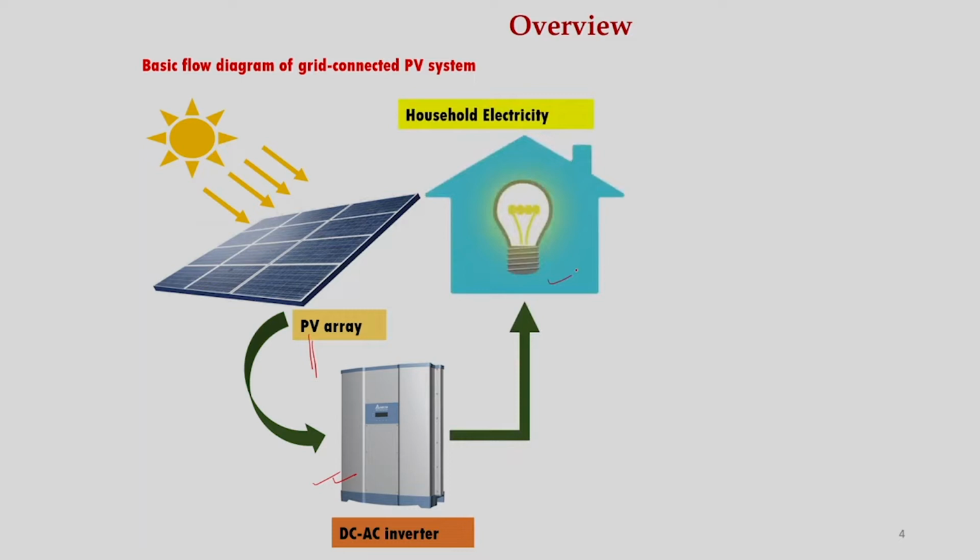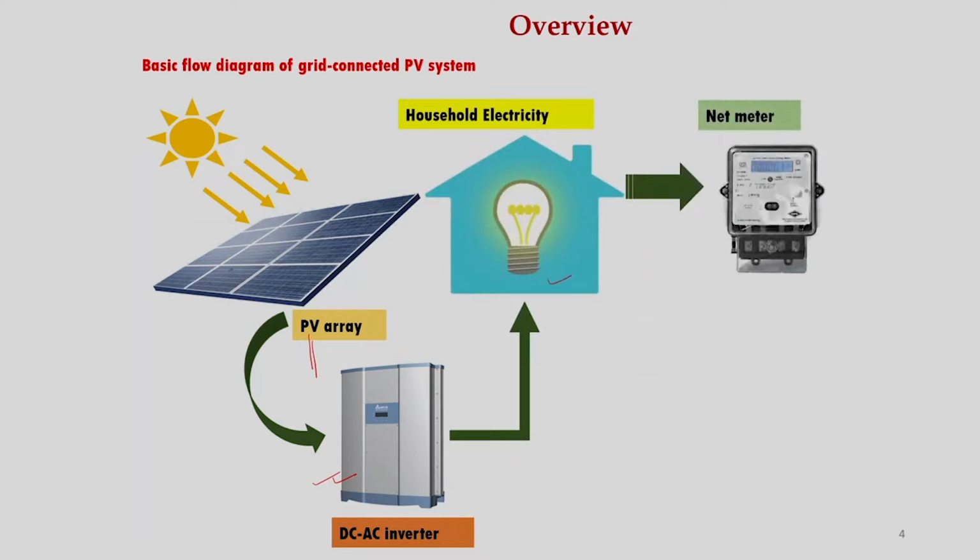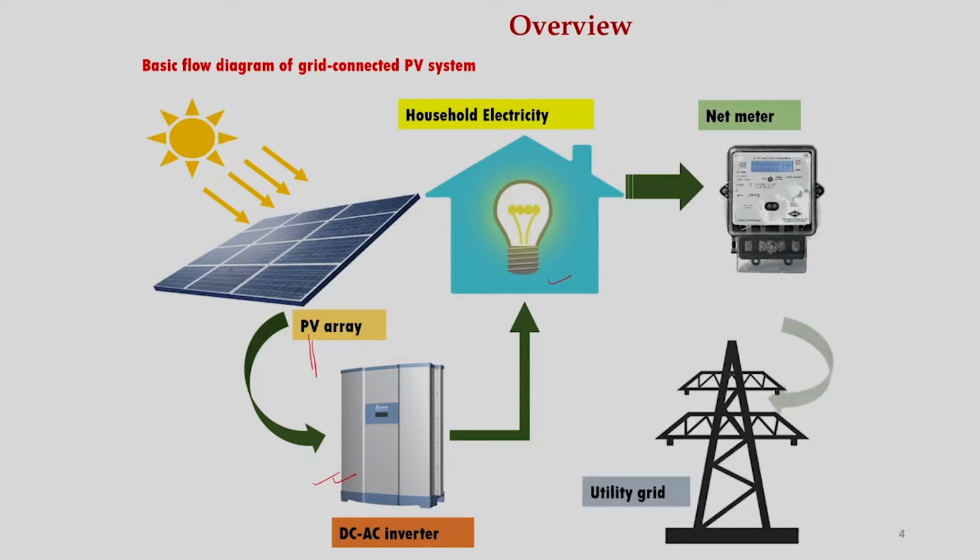This is called AC load, and if we have generated more energy, then through a meter we can give it to the utility grid. So, in the daytime, suppose in a household we are generating energy through this PV system and we are not utilizing it, what can we do? We can provide the energy to the utility grid.